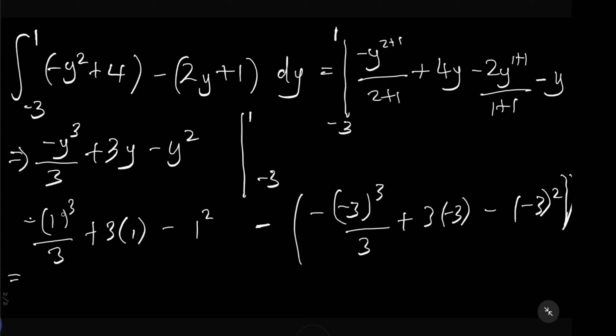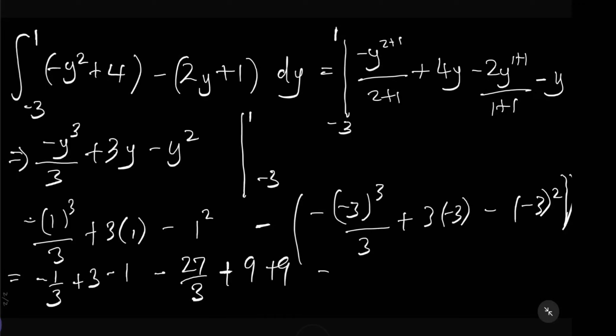So 1 raised to the power 3 is 1, so that's minus 1 over 3 plus 3 minus 1, and this would be minus 3 raised to the power 3, that's minus 27, plus 27, so you have 27 over 3, and minus times this minus, this is minus 9, so we can say plus 9, and minus 3 raised to the power 2 is 9, minus 9 times this, that's 9.